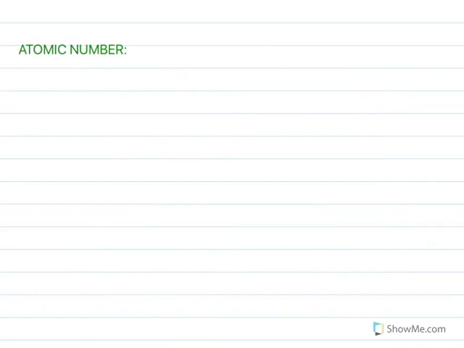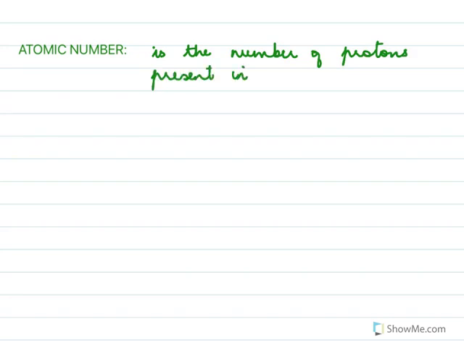Now we'll see what is atomic number. Atomic number of an atom is the number of protons present in one atom of an element. That is called the atomic number.